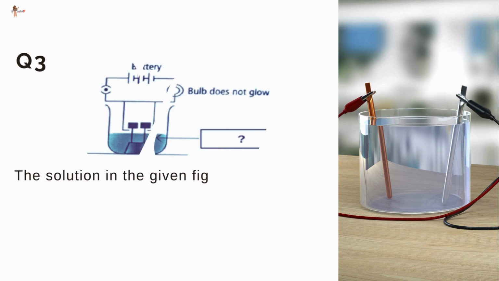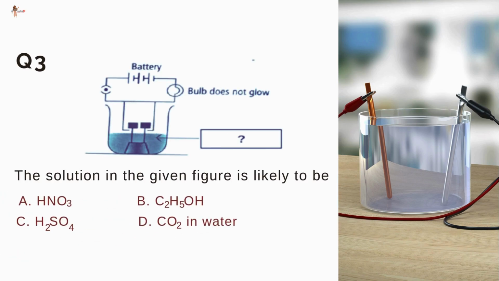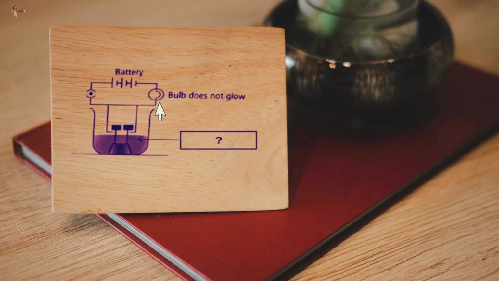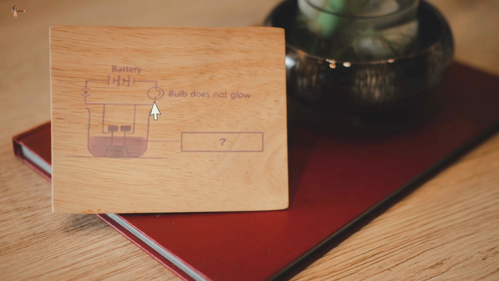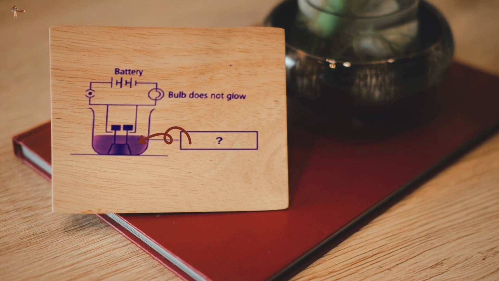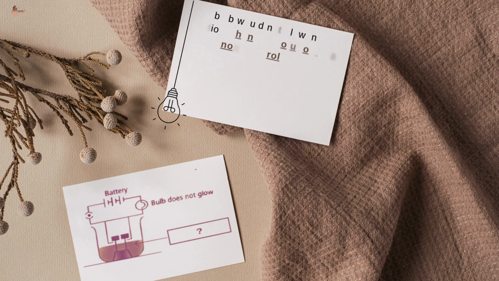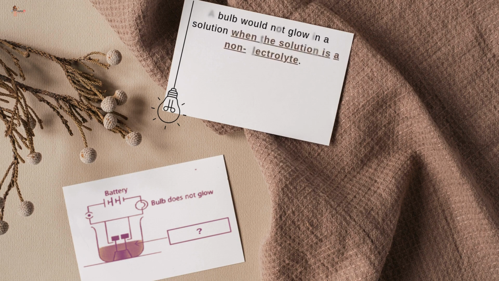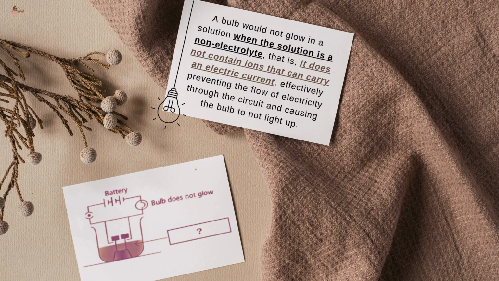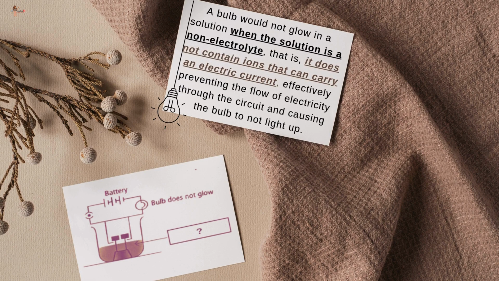The solution in the given figure is likely to be which of the given options? The figure shows that the bulb does not glow, and we need to find the possible solution in the beaker. When would the bulb not glow? Well, when the solution is a non-electrolyte, meaning it does not contain ions, because ions carry an electric current.